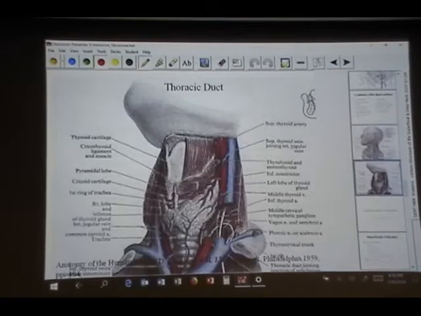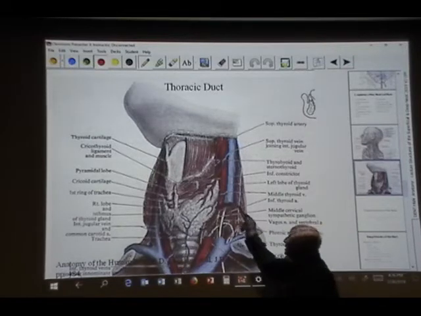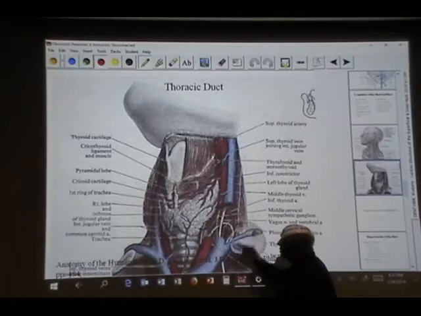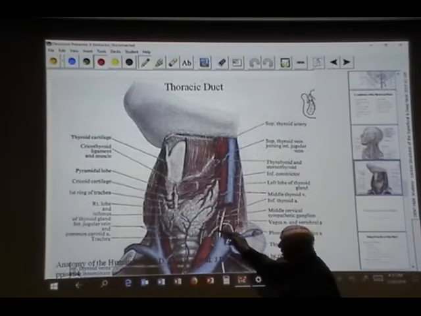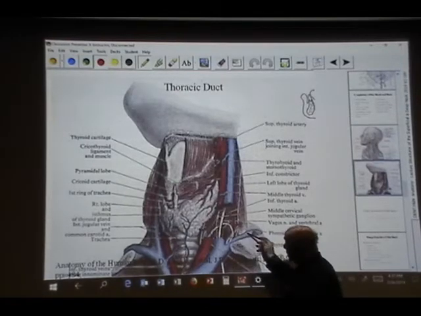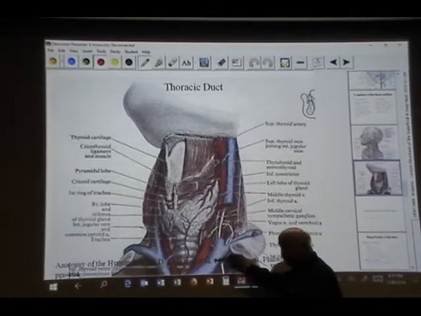Okay. Over here is the thoracic duct, here is the common carotid, internal jugular, vagus nerve. This is the left side, so the duct is coming up from the thorax and coming into this junction of subclavian and internal jugular as it becomes brachiocephalic.